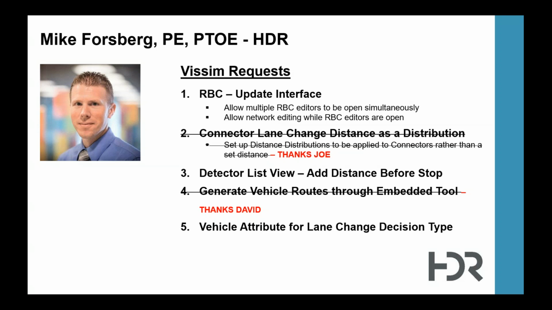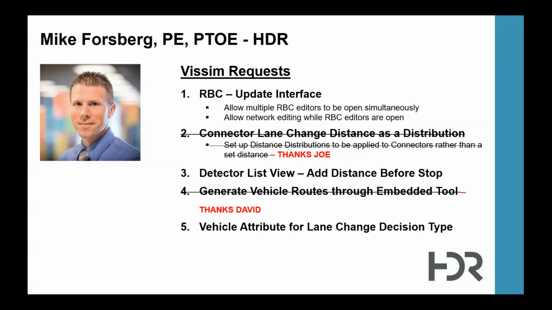Reiterating, thanks Joe, and Randy brought it up as well, the lane change distribution. I know there are some challenges there. I've heard in the past from PTV that it definitely does slow down some things. Maybe there are some options there. I don't know that I have another solution other than some of the workarounds where, like Joe mentioned, creating dummy links and dummy connectors.